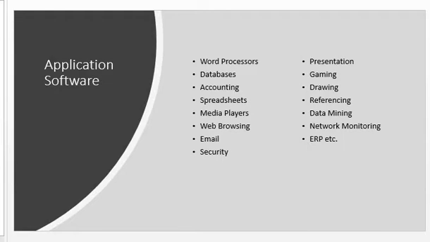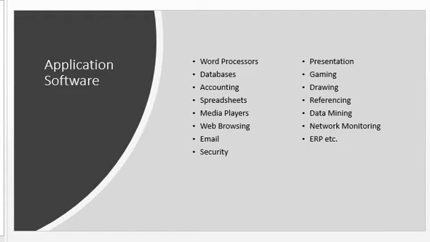Most application software is designed to run mainly on three platforms, which are desktops, mobile devices, and browsers. Take, for example, the first category that I indicated there, word processors. You can run your word processor on your mobile device, be it Android or iOS.